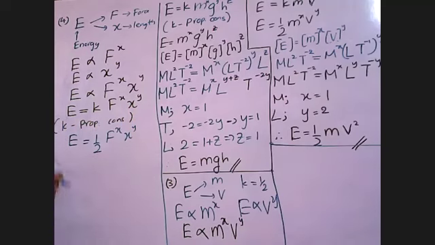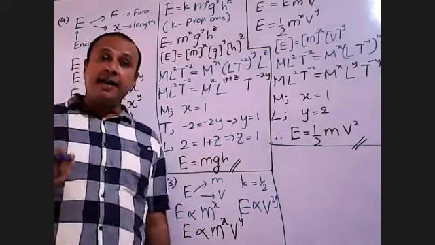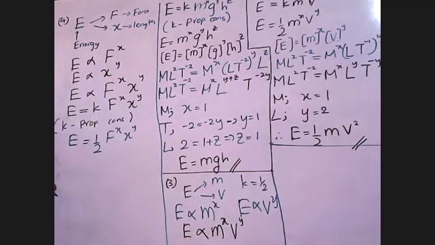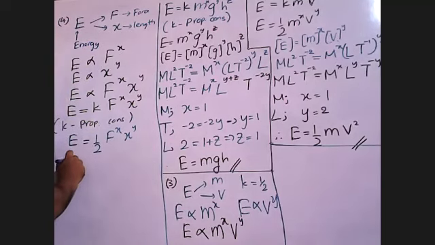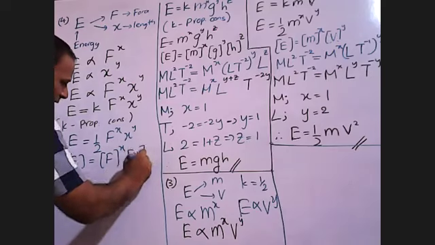So after that, I can apply dimensional analysis. Therefore, this is an equation, so the dimensions of both sides should be equal. So the dimension of E should be equal to the dimension of F to the power x, X to the power y.